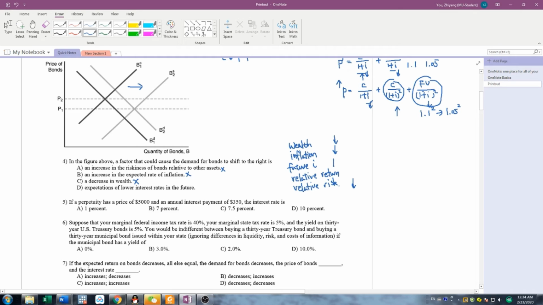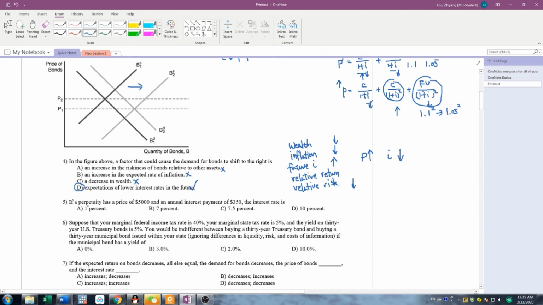So that is going to increase the demand, because if I buy a bond today for a certain price, when in the future the interest rate goes down, the price is going to go up. So that is going to increase the value of our investment, which is going to increase the demand today. So this is the right answer. Right?